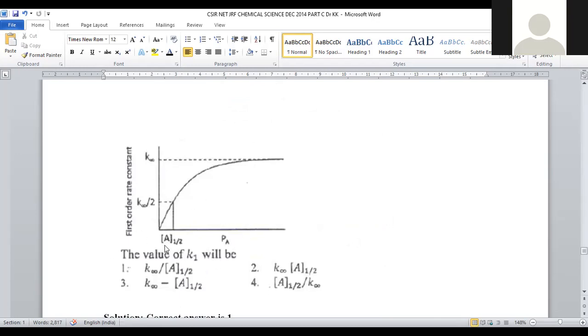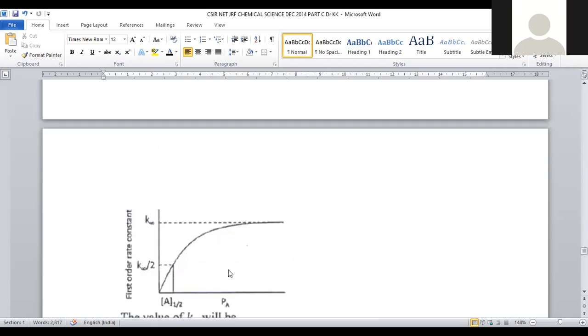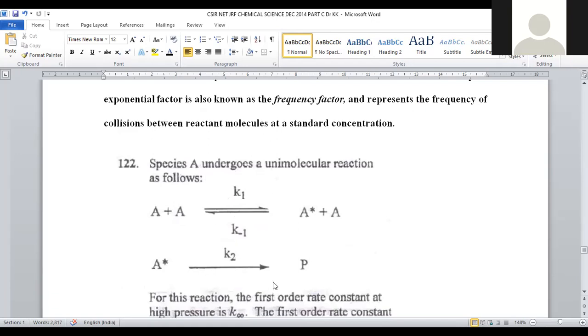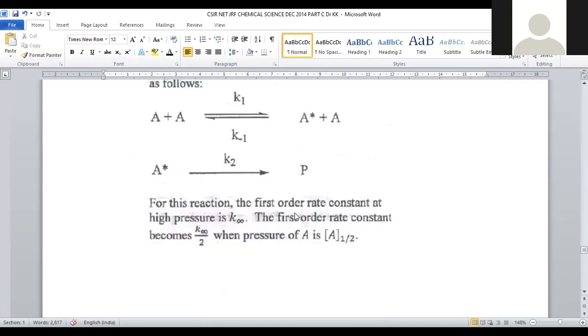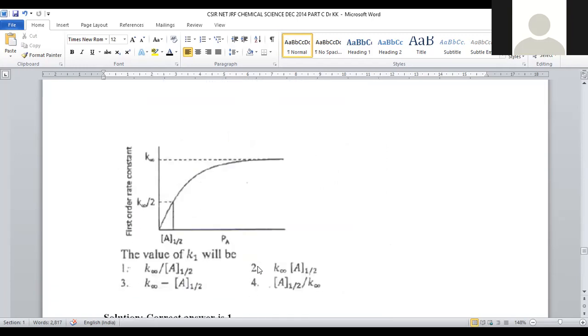When we plot the graph between k infinity by 2 on the y coordinate and pressure P on the x coordinate, you can observe a hyperbola structure where the maximum is taken as k infinity, the first order rate constant. When we lower the pressure to 1 by 2, the rate of the reaction also gets halved. At that point, k1 is nothing but the first order rate constant denoted with k infinity.